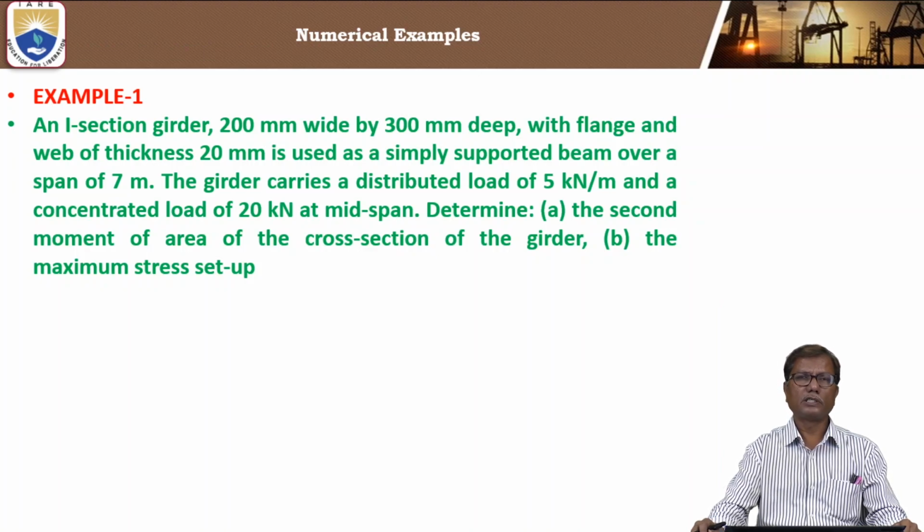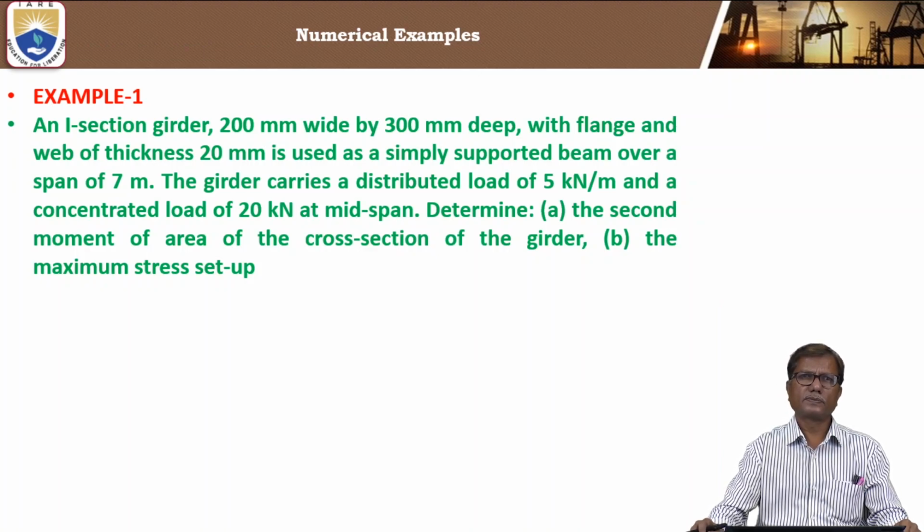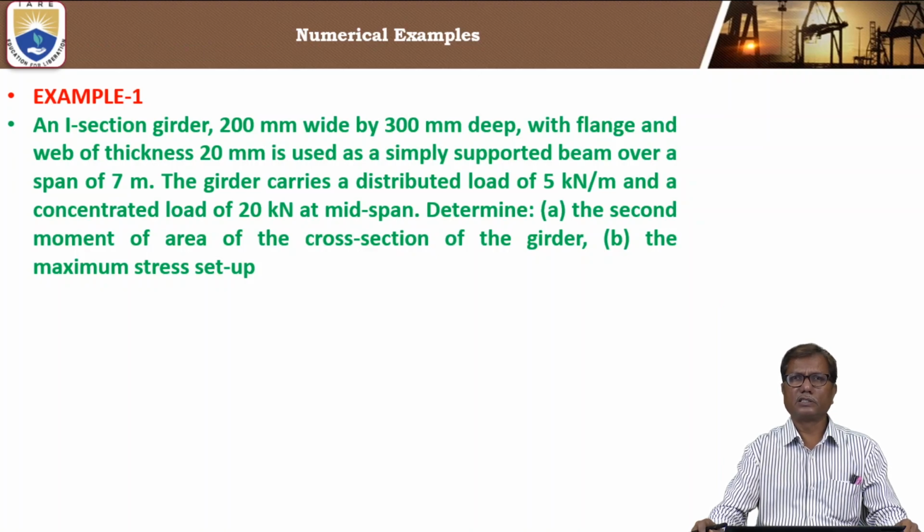The first example reads like this: an I-section girder 200 mm wide by 300 mm deep with the flange and web thickness 20 mm is used as a simply supported beam over a span of 7 meters. The girder carries a distributed load of 5 kN per meter and a concentrated load of 20 kN at midspan.